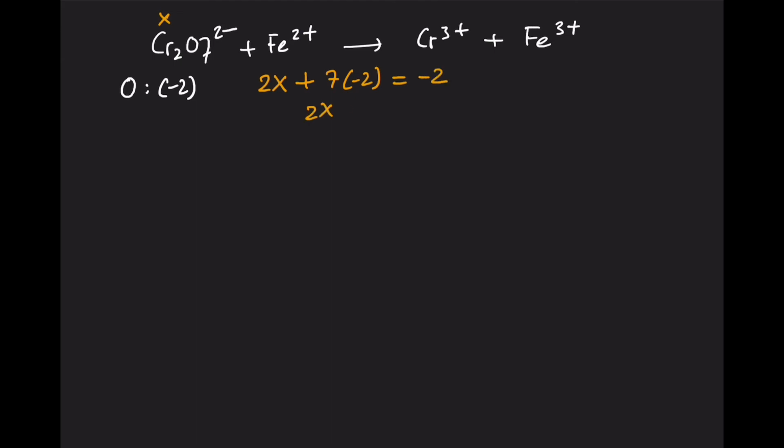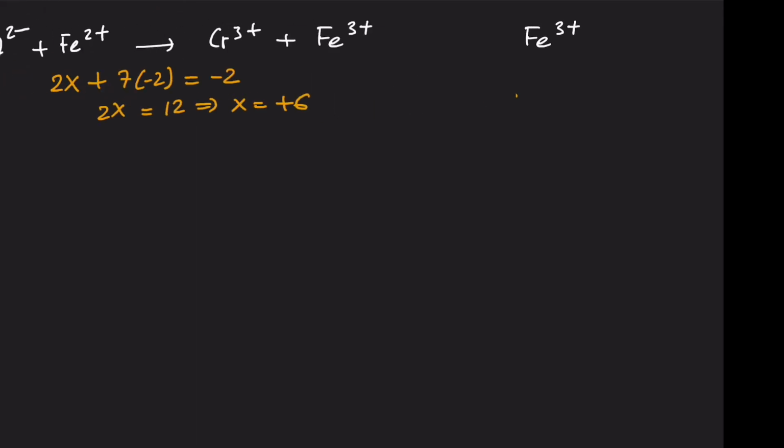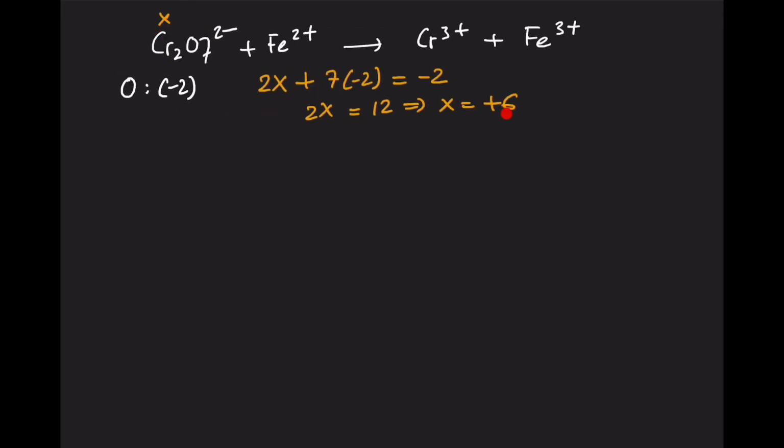So 2X will be equal to plus 6. Cr will change from plus 6 at the reactant side to plus 3 at the product side. Therefore, Cr in this case will undergo reduction, while Fe will undergo oxidation.